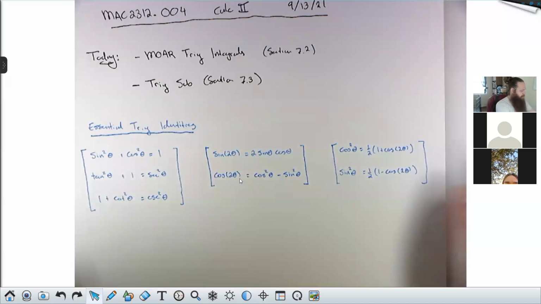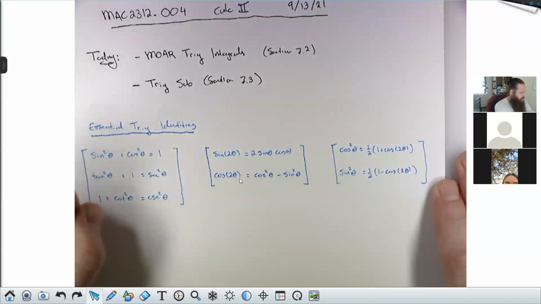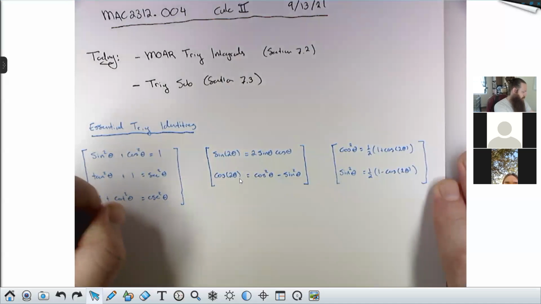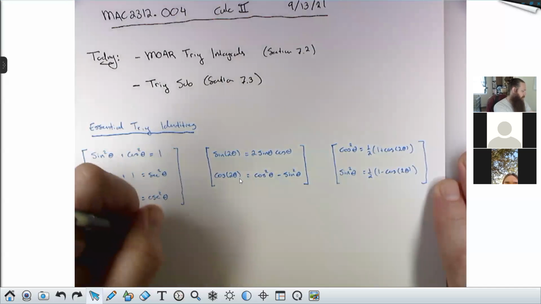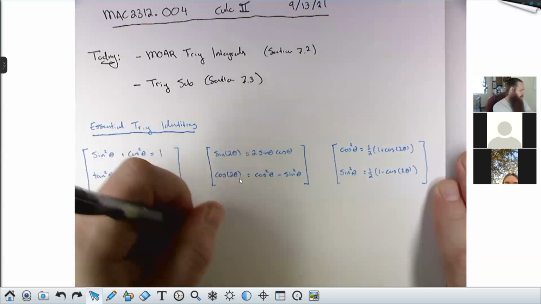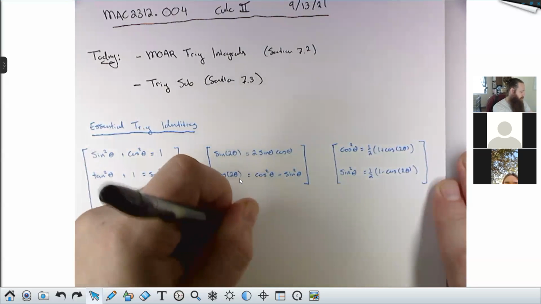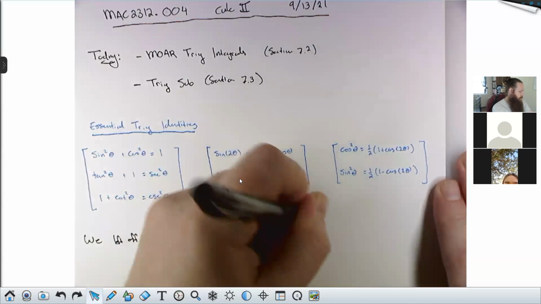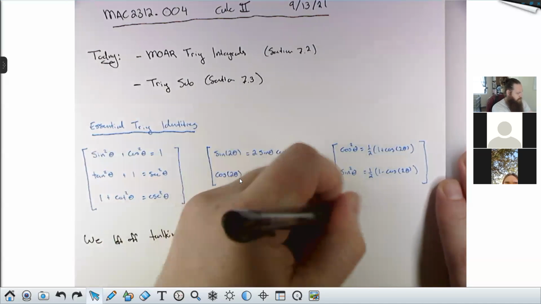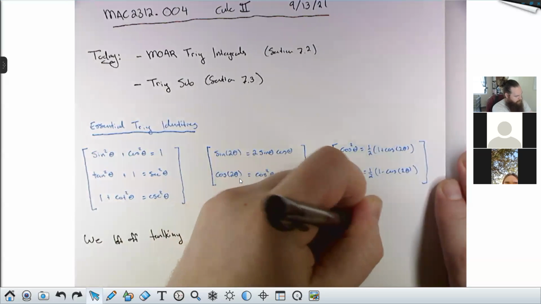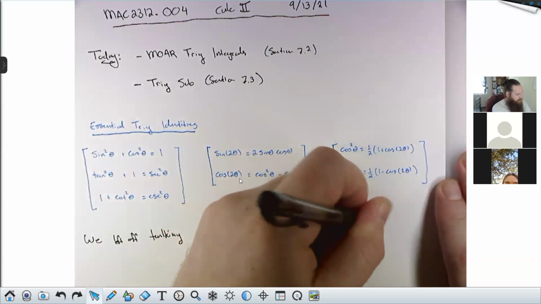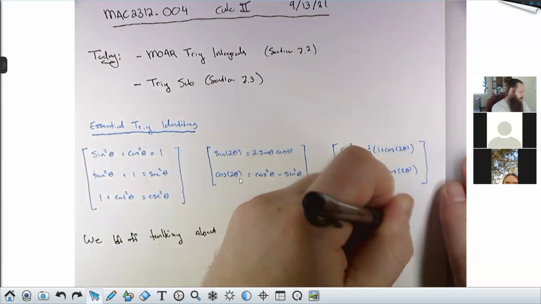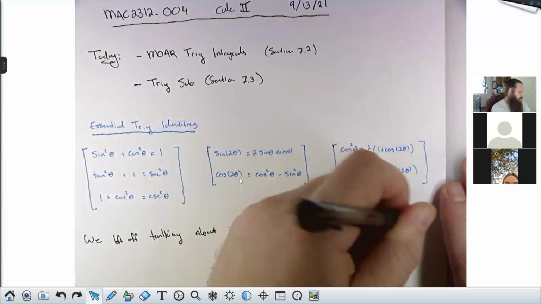All right. We left off last time talking about integrals of the form some power of secant times some power of tangent.